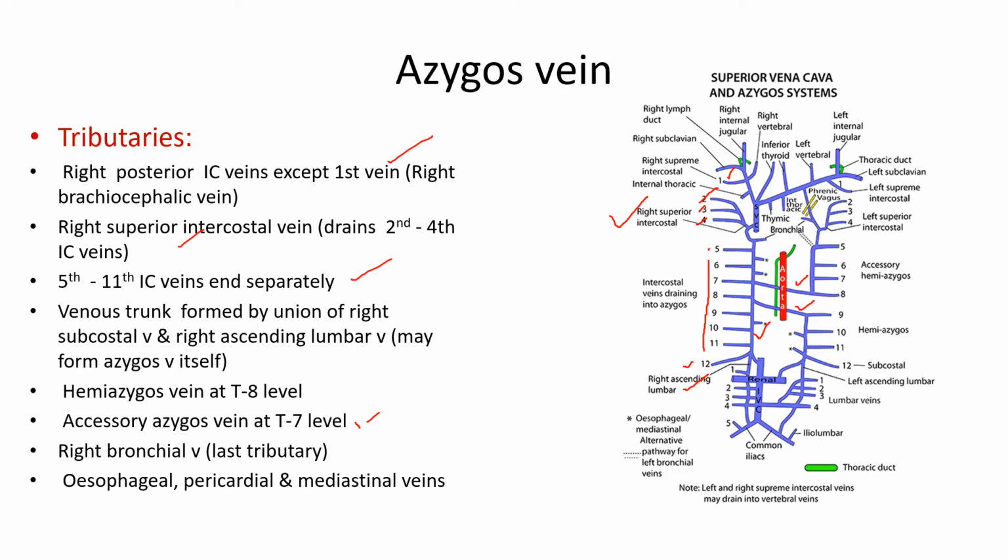Then the other tributaries which it receives are the right bronchial vein, and then the esophageal, pericardial and mediastinal veins also join the azygos vein. Hope you understood about the tributaries of the azygos vein.